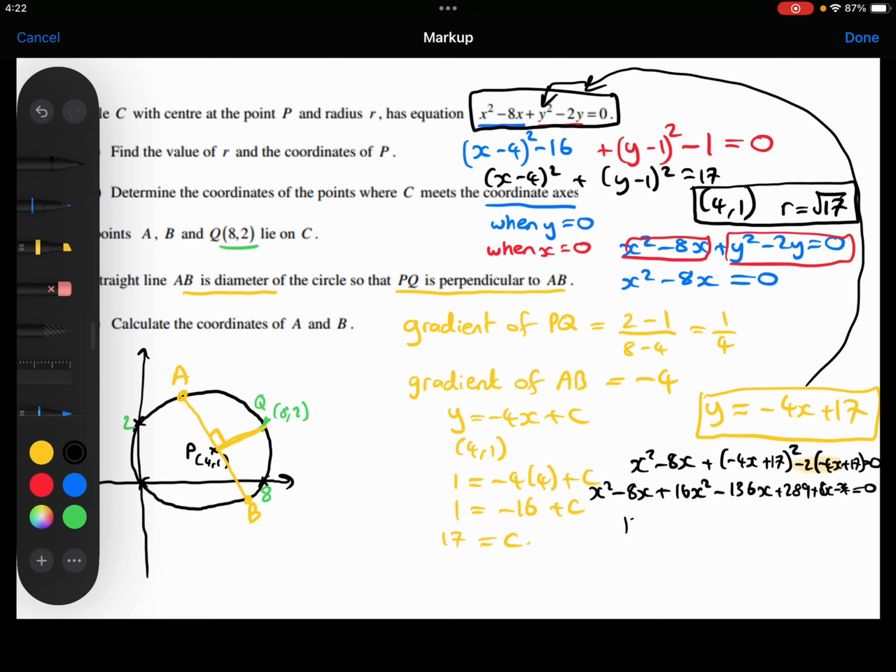Collect up like terms. So we've got the 17x squared, we've got -136x, and then we've got the 289 minus 34, which is 255.